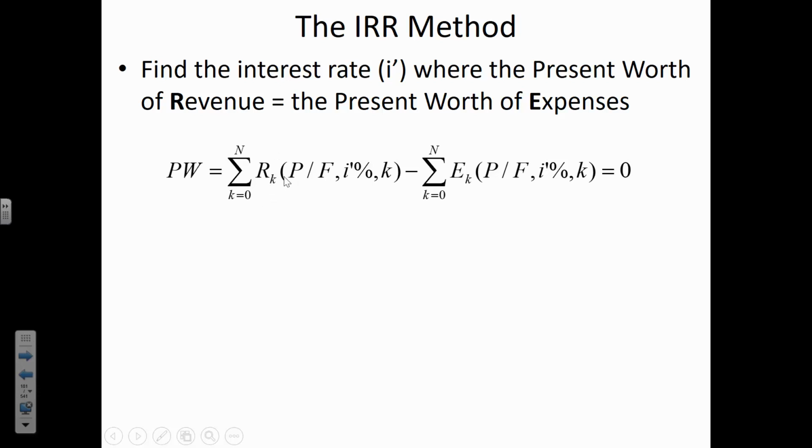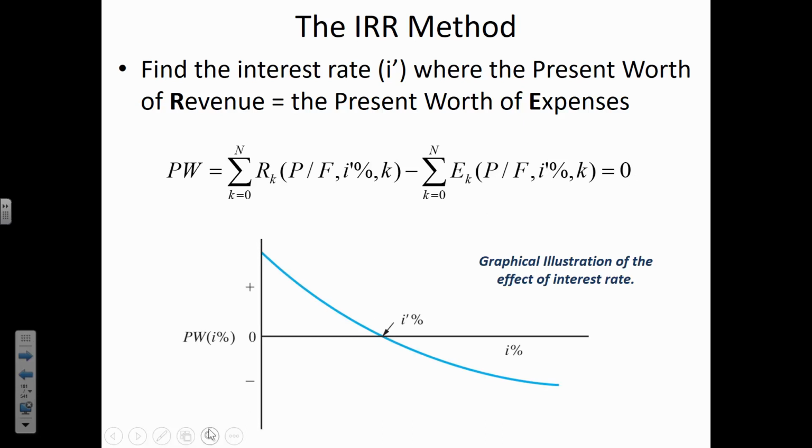So you find the present value of all the revenues, where K is which year you're in, starting at year 0 all the way up through the nth year. And there's going to be some interest rate that brings equilibrium between the revenues and the expenses. And so it's going to make the present worth 0 at that interest rate.